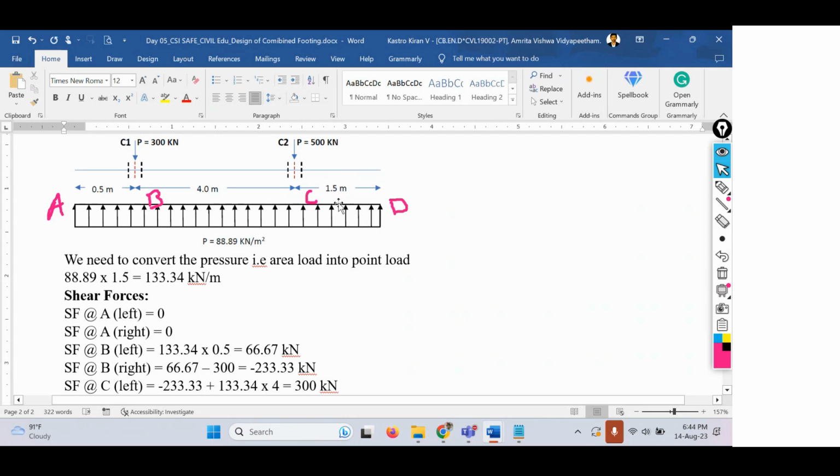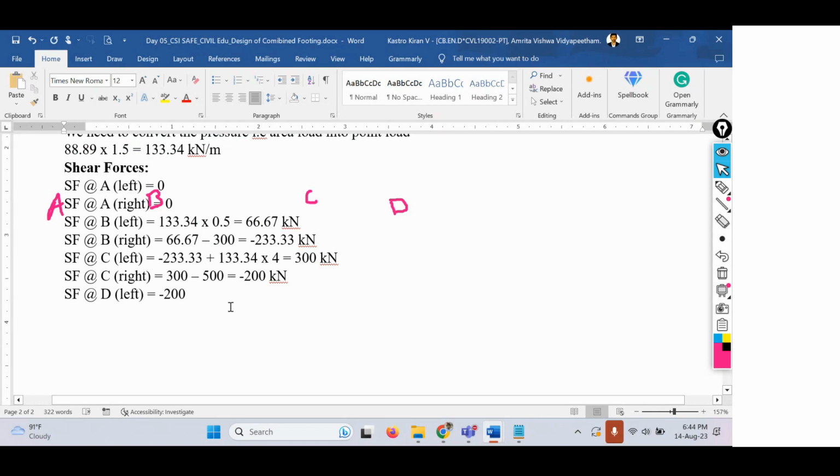Is 133.34 acting in a positive direction or negative direction? Upward forces are positive, so it's plus 133.34 into the distance, which is 1.5 meters. So it will be equal to 0. Yes, I think it will be 0 only.